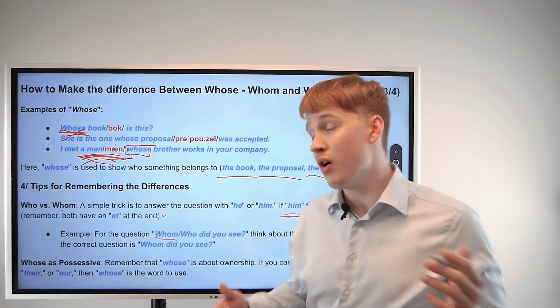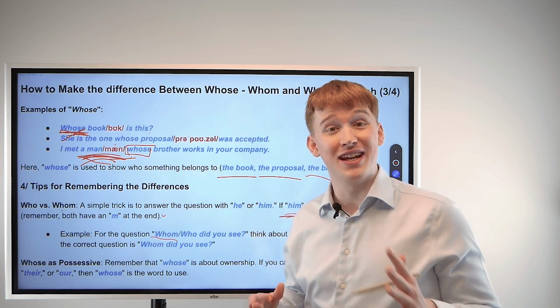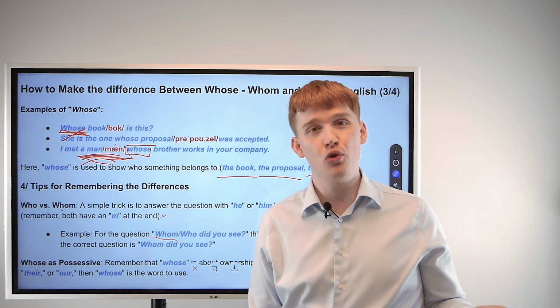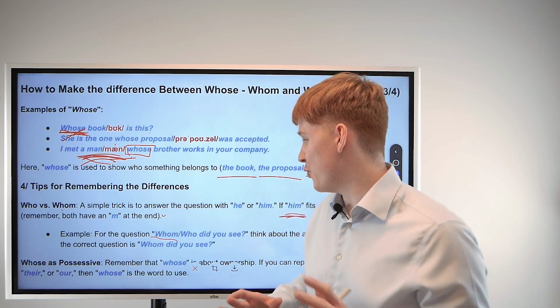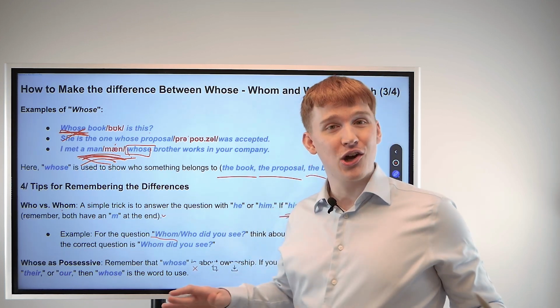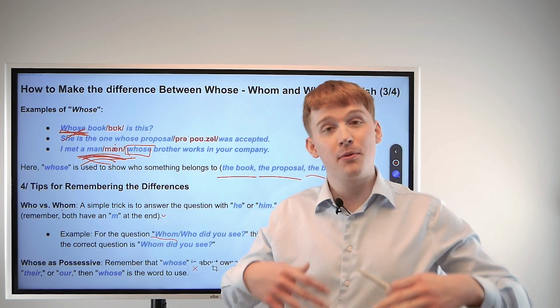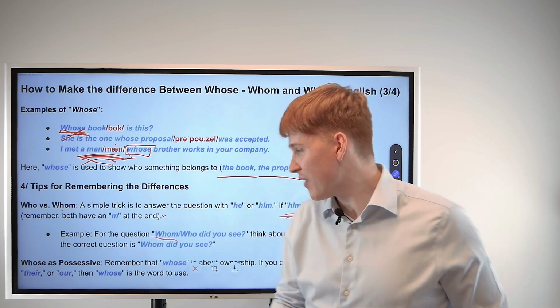But just so you know, very, very often in English, we will actually use who in this sentence. So don't be alarmed if you hear people using who in this sentence. It is very common. It's just something that people have started doing over time.